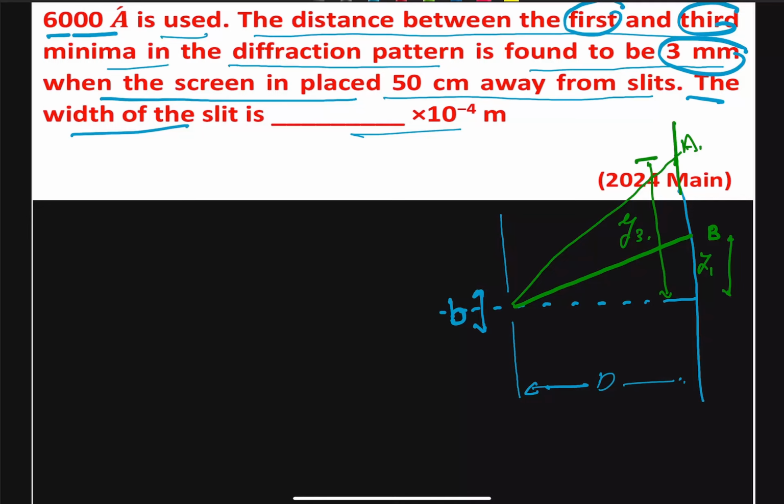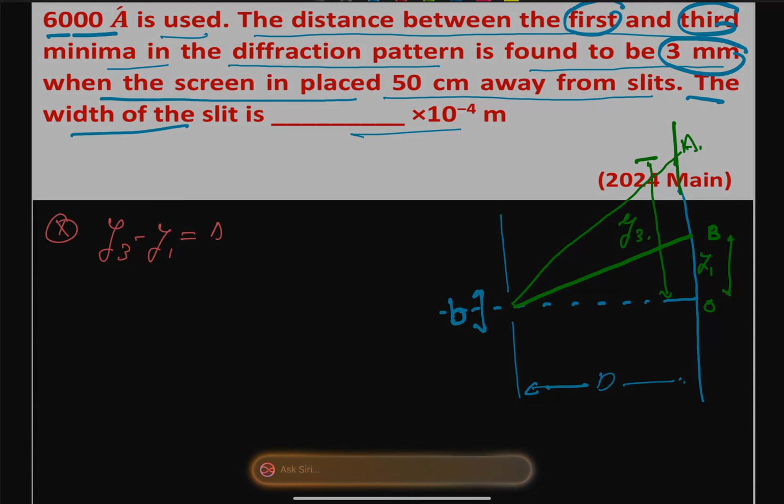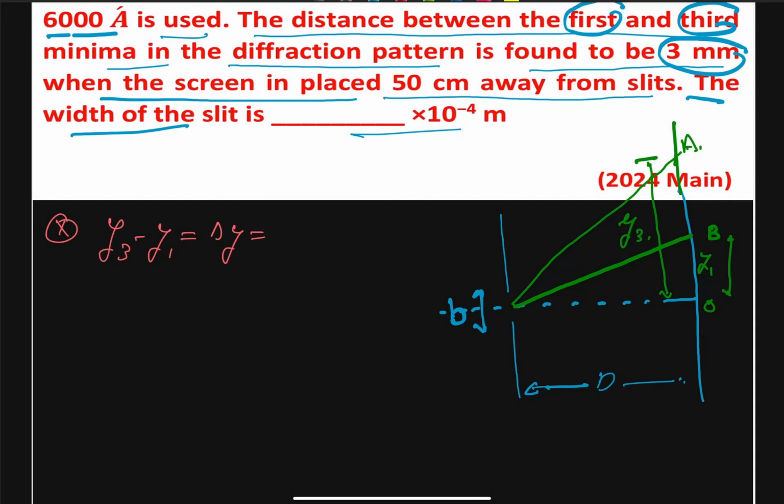Let us call this point O. So we are given that Y3 minus Y1, let us call that delta Y, is equal to 3 mm, or 3 into 10 to the power minus 3 meters.